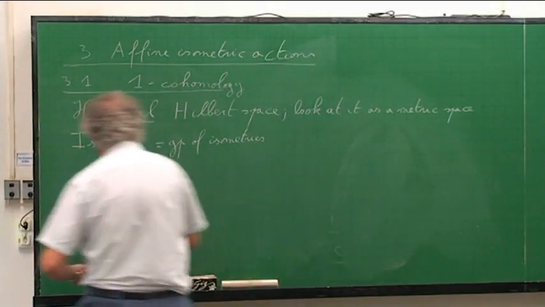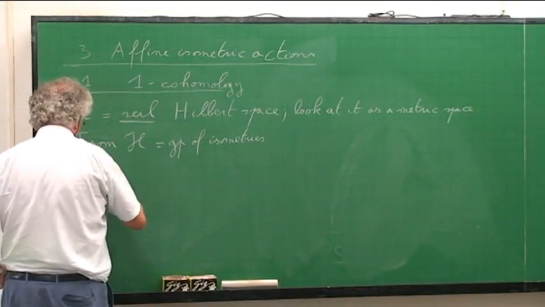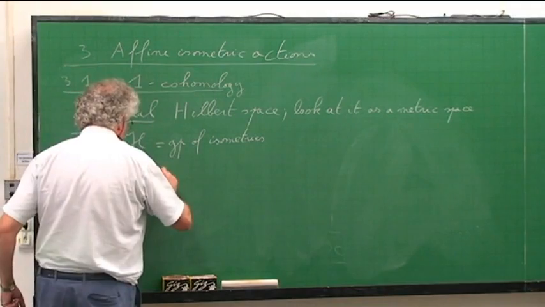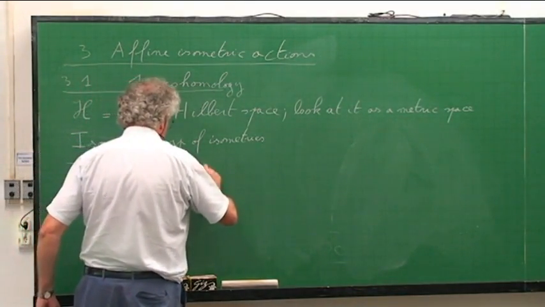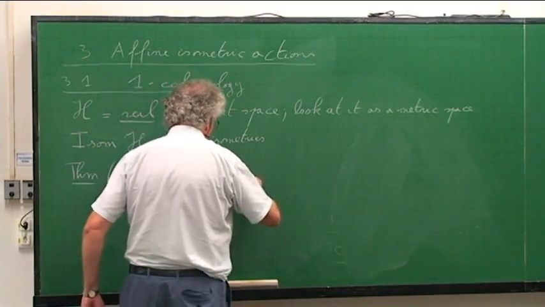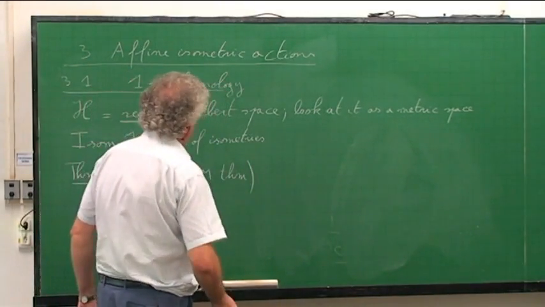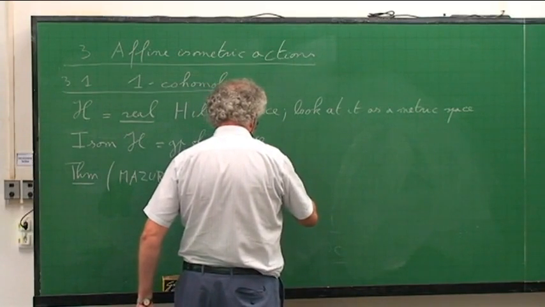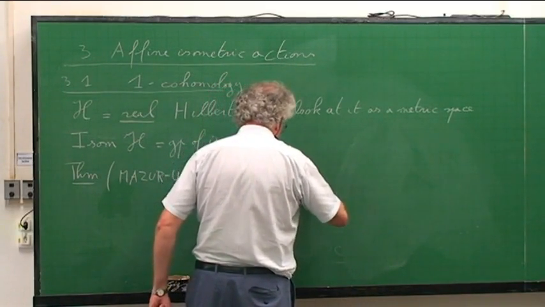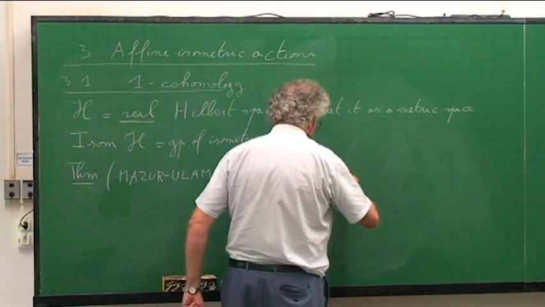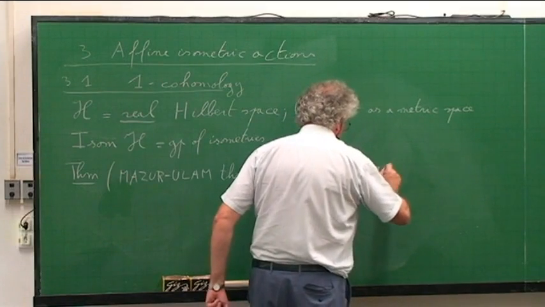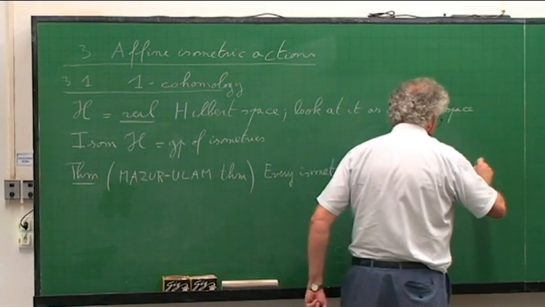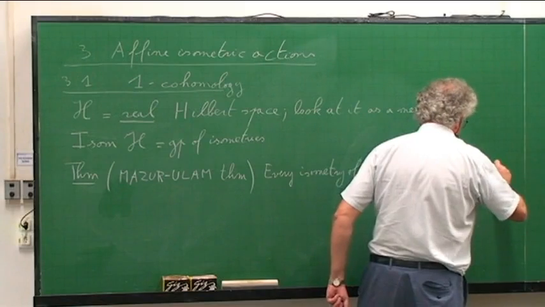And that's the content of a classical result in geometry of Banach spaces, which is called the Mazur-Ulam theorem. It goes back to the 1930s. And it tells you that every isometry of a real Banach space is affine.